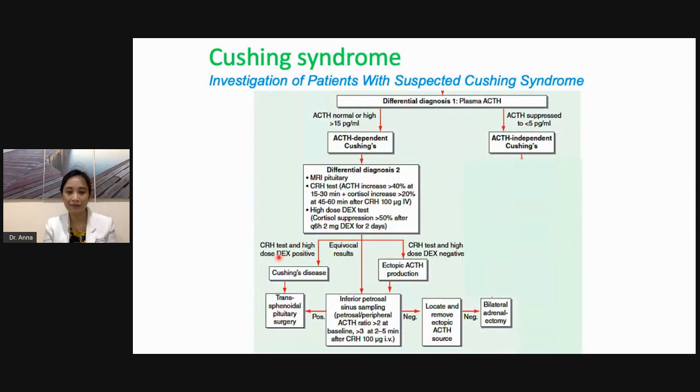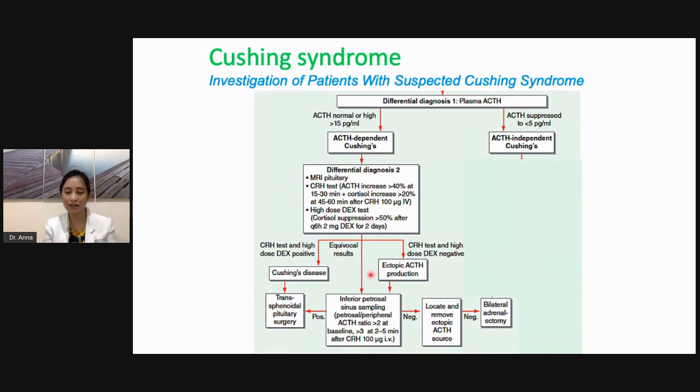If it's not able to suppress, most likely it's pituitary. So if during the high dose dexamethasone suppression test there's no suppression, most likely it's Cushing's disease. So the treatment for that is transsphenoidal surgery.